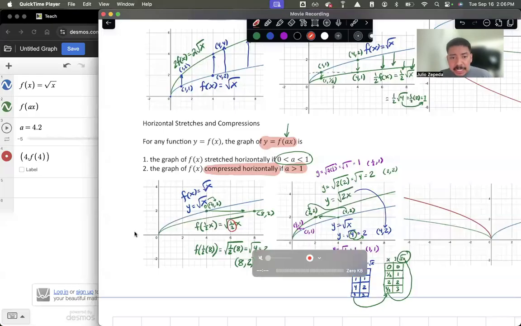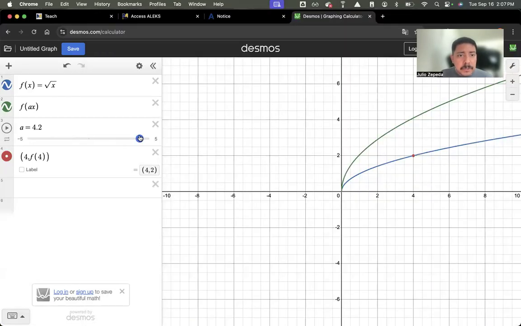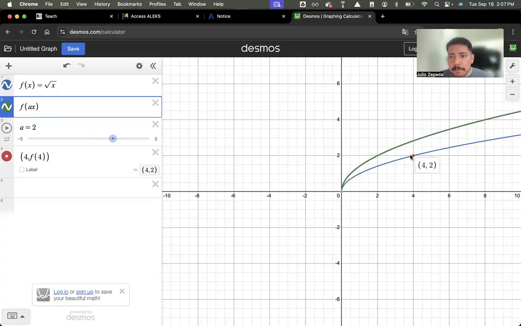Just like I showed, the 0.42 became the 0.22. It got compressed inward. If we go to A equals 2, we can see this red point moved towards the 0.22.